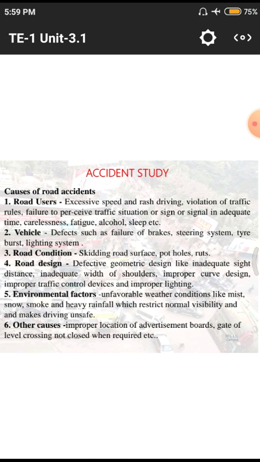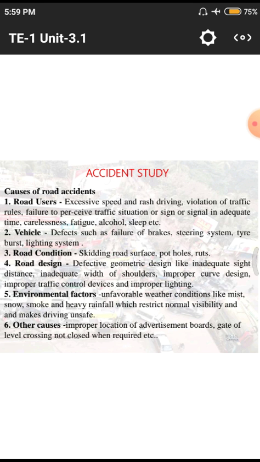Next one is the road condition. What is the road condition? Simply skidding of the road surface due to improper friction. That means we have to maintain the f value equal to 0.15 for a normal road or any other roads in the design itself. Why? Because if there is friction, automatically brakes will work on the vehicle.